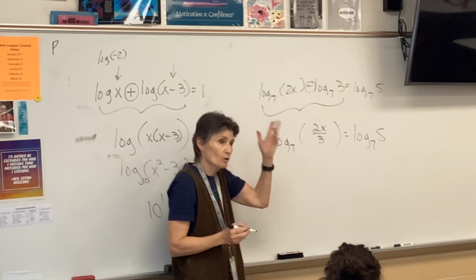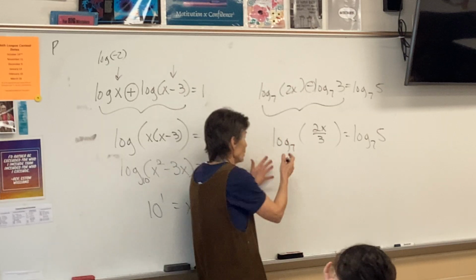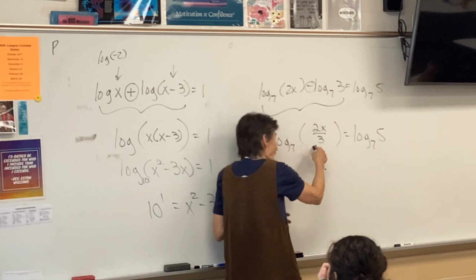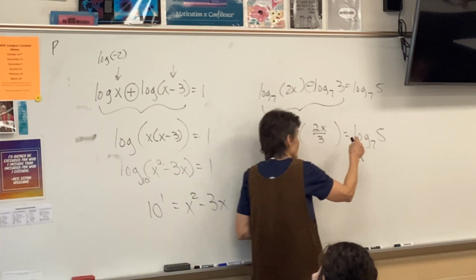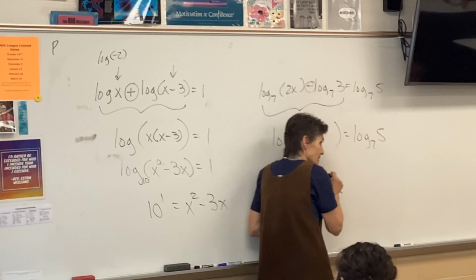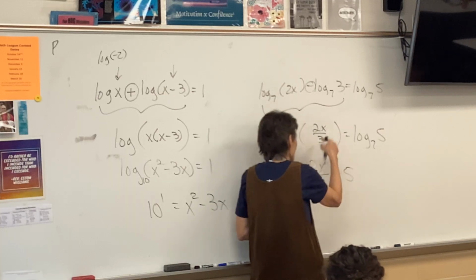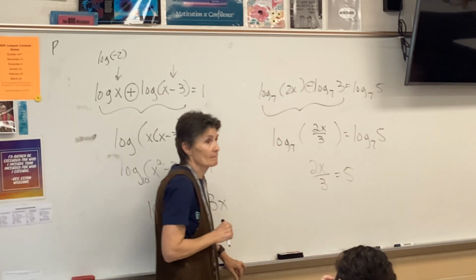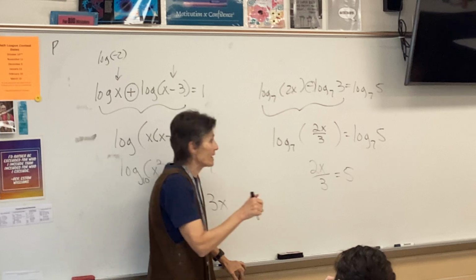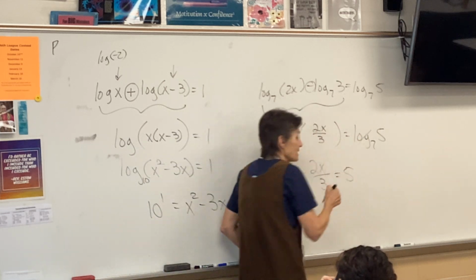Now, I want you to use your logic. If the log of that equals the log of that, doesn't it make sense that that equals that? Now, some people say, I'm going to cancel the logs.